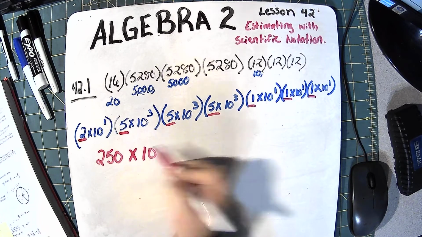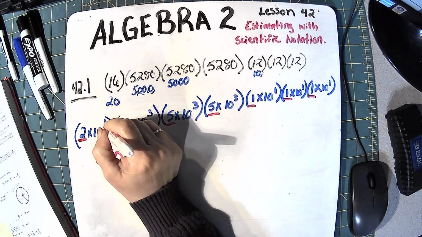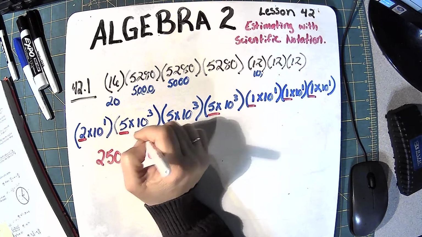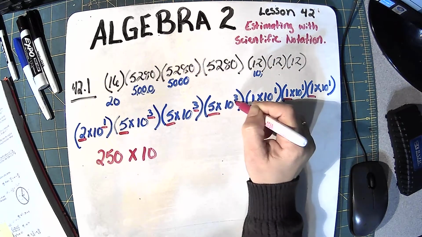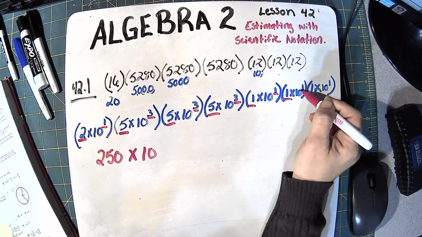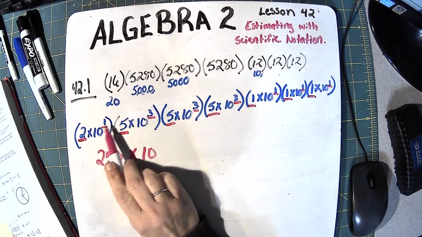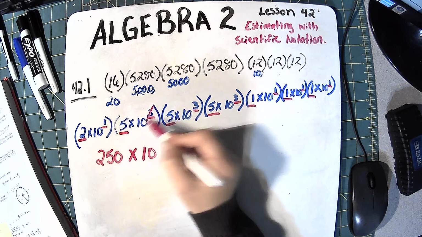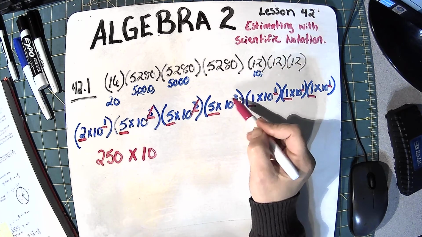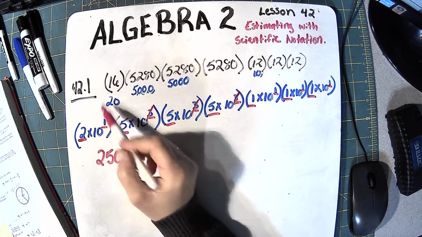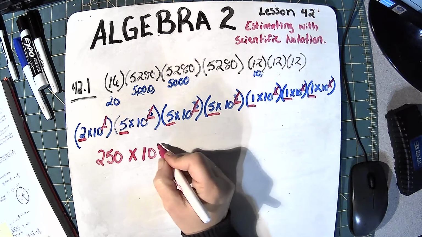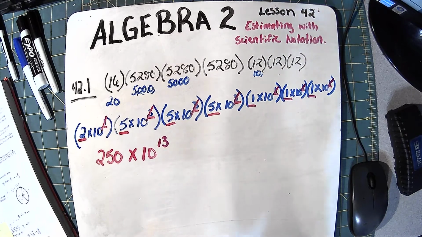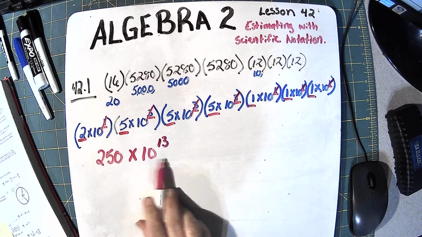So all that comes out to 250 times 10. Now we have to figure out the exponent. When we're multiplying numbers with exponents, we add the exponents, because our bases are the same. So we have 3 plus 3 is 6, plus 3 more is 9, and then 1 more is 10, 11, 12, 13. So we got 250 times 10 to the 13.